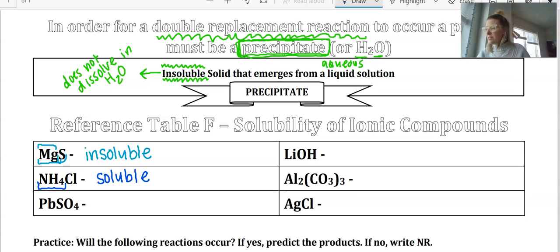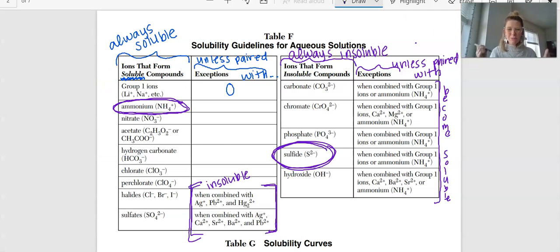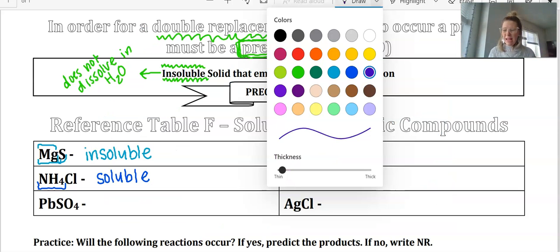Let's do the last one here for now. Okay, lead-2 sulfate. So I'm going to go back to my reference table and ask, is there a rule specifically about lead-2? I'm scanning and I don't see anything. Okay, great. No rule about that.